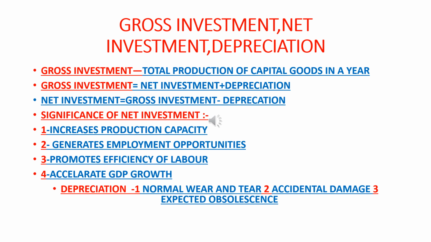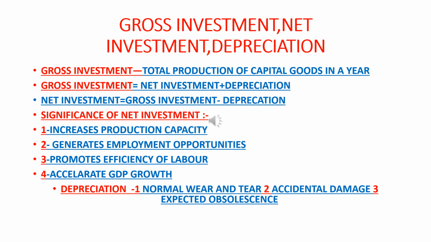Then there can be accidental damage like fire, flood, etc. Machines can become obsolete, out of date, and they might have to be replaced. This is called depreciation. Gross investment is equal to net investment plus depreciation, and net investment is gross investment minus depreciation.